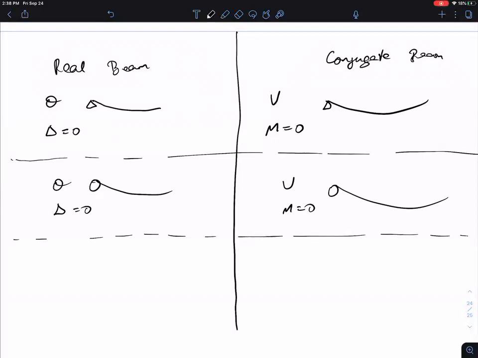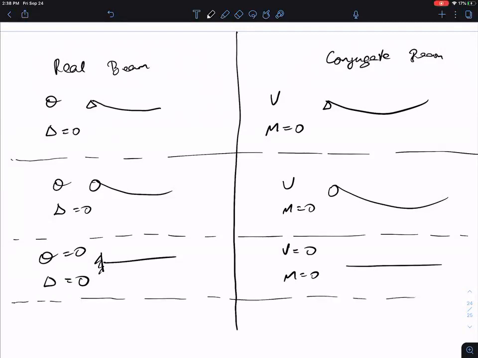If we take the case of a real beam that has a fixed support, that means that the rotation at that support is 0, and the vertical displacement will also be 0. So that means that in your conjugate beam, the shear would have to be 0 and the moment would have to be 0. So that corresponds to a free end.